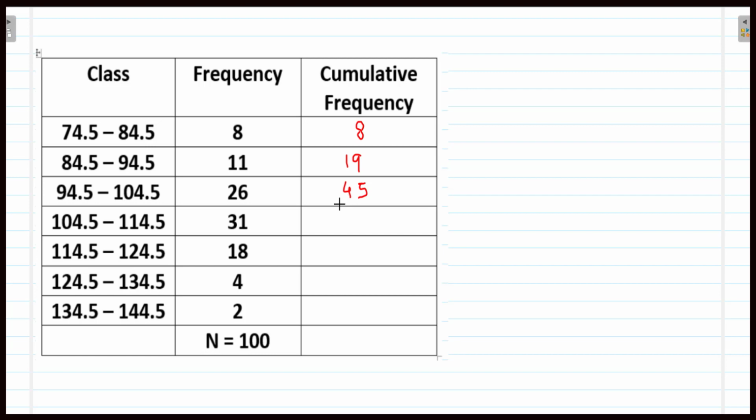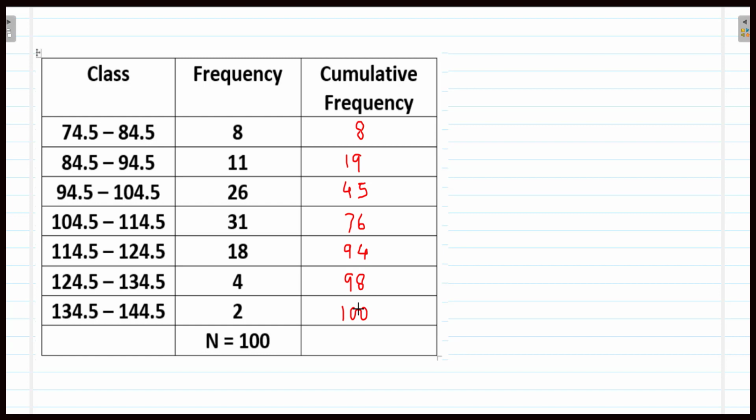Then 45 plus 31 gives 76. Then 76 plus 18 gives 94, and 94 plus 4 is 98, and this 98 plus 2 is 100.